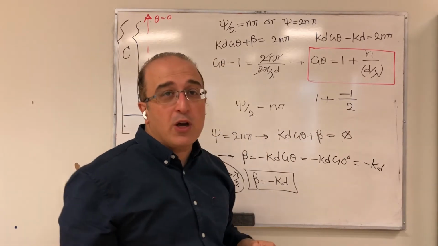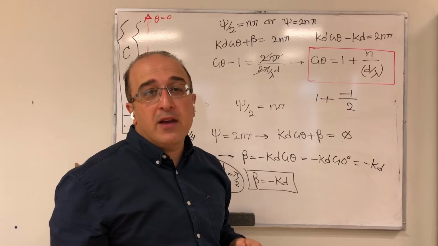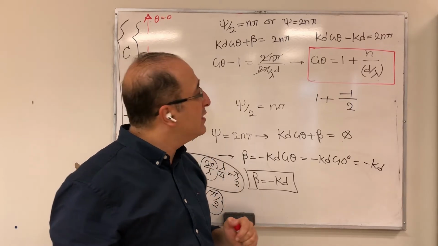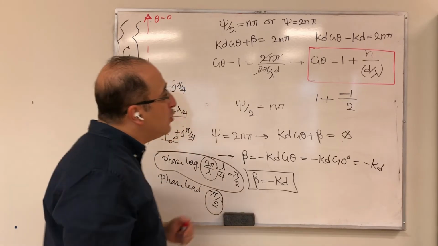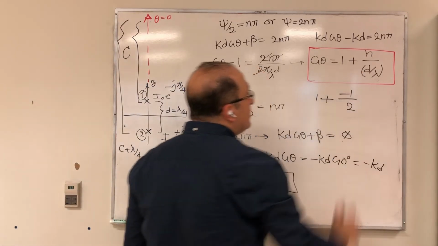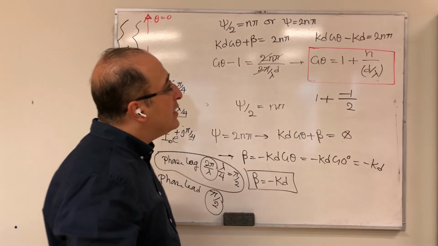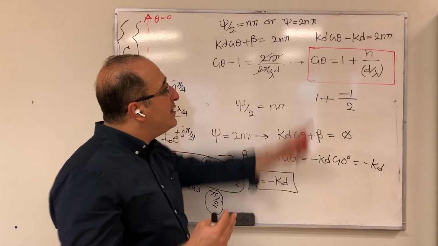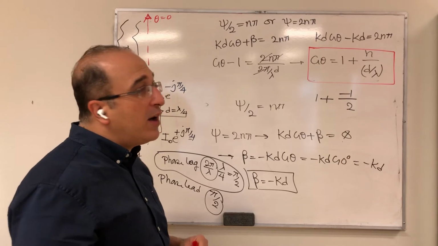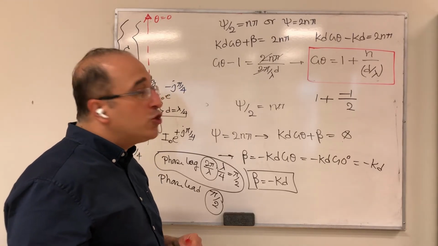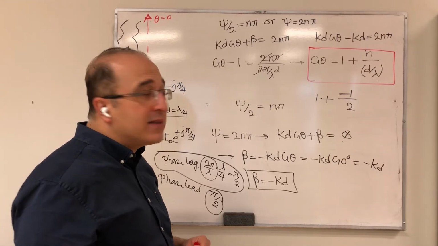So cos theta becomes minus half, and therefore you can have a solution in this case, because it's between 1 and minus 1. So you essentially want to make sure that d divided by lambda is such that this is never satisfied. To do that, d divided by lambda should be smaller than half.